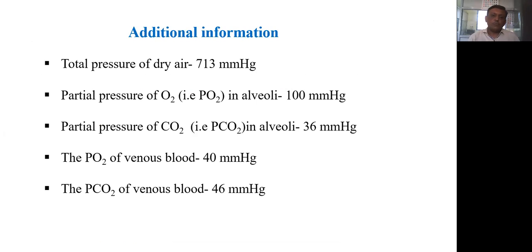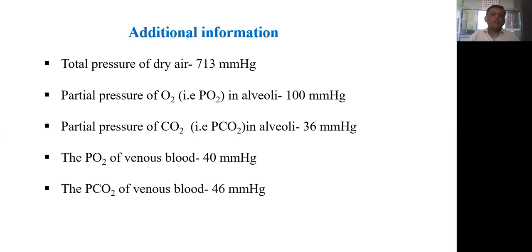Partial pressure of CO2, represented by PCO2, in alveoli is approximately 36 mm of Hg. Similarly, the partial pressure of oxygen in venous blood is 40 mm of Hg, and partial pressure of CO2 in the venous blood is 46 mm of Hg.